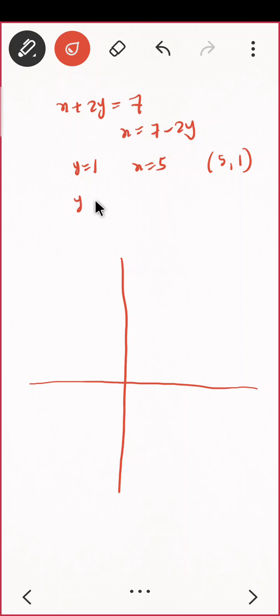If I put y equal to 0, then x equal to 7. Do you agree? 7 comma 0. Perfect. So this is how you can take any 2 points which are convenient to you.